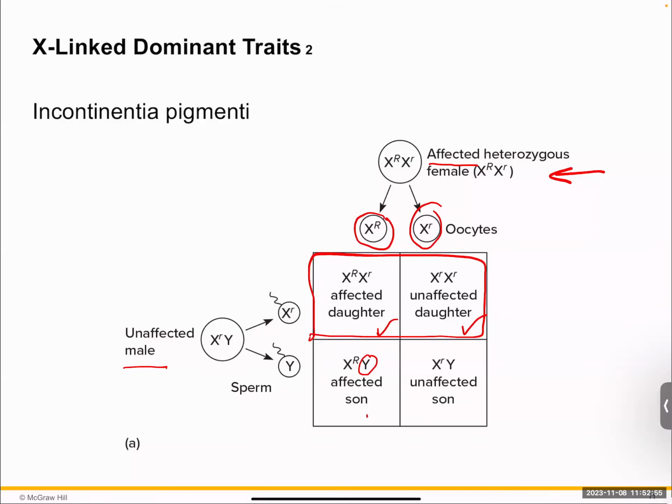And in another scenario, we can have the X that has the unaffected allele, the recessive allele on it, contributed from the mom's side and then the Y from your dad's side. And therefore you create a son that is unaffected because the X chromosome that has been passed on has the recessive allele and not the dominant allele.